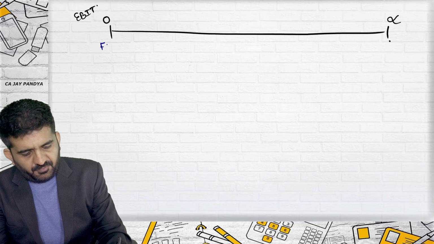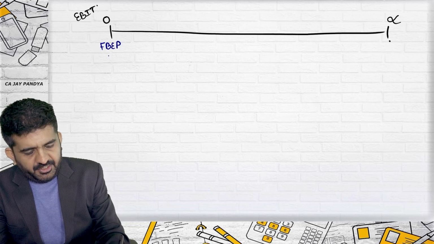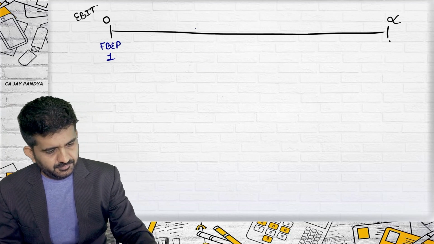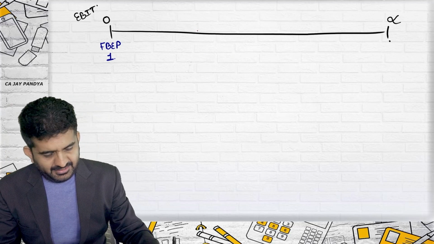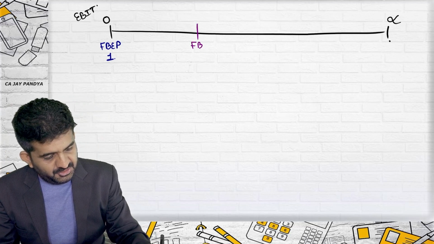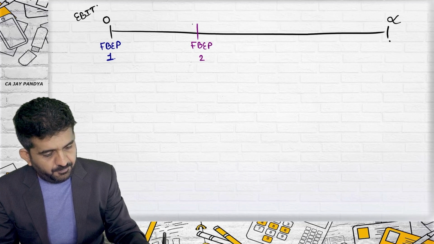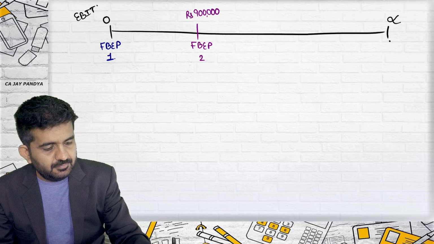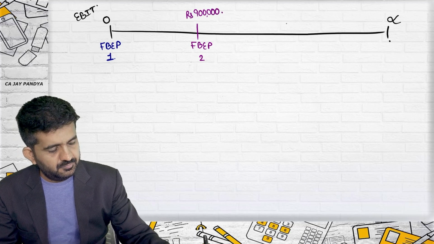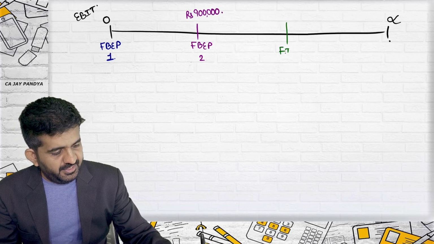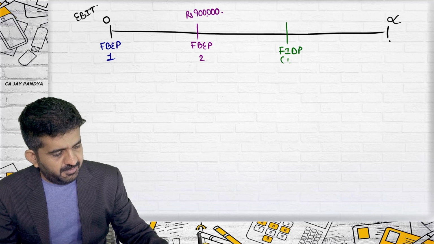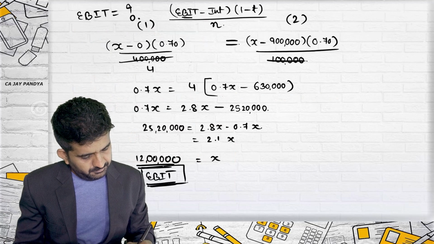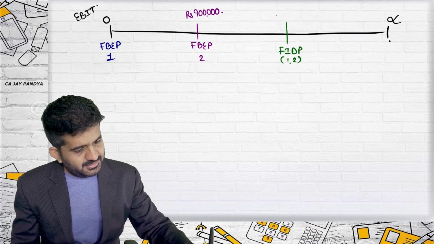This is financial break-even point of plan 1 because it is 0. 9 lakh is financial break-even point of plan 2. This is rupees 9 lakh EBIT. What is financial indifference point between plan 1 and plan 2? Is 12 lakhs.